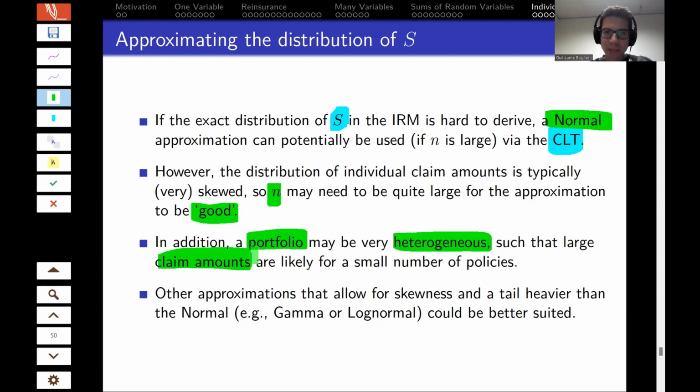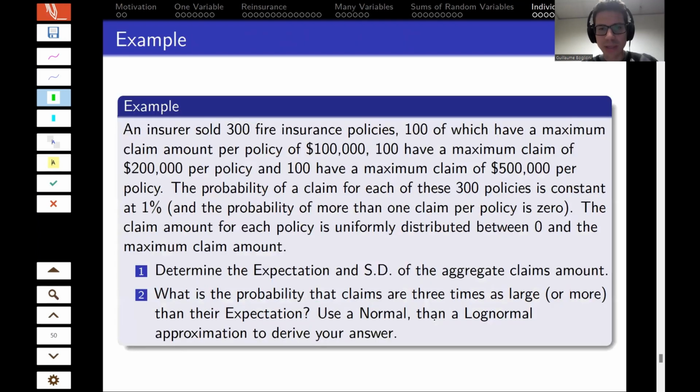That might mean the approximation will need an even larger number of policies. Because of that, other approximations might be more appropriate, approximating S not with a normal but with a distribution that's already skewed and has a heavier tail than the normal. Typical choices are gamma and log normal. Those comments are a bit vague; it depends on the specific situation whether the approximation is decently good. But let's look at an example.